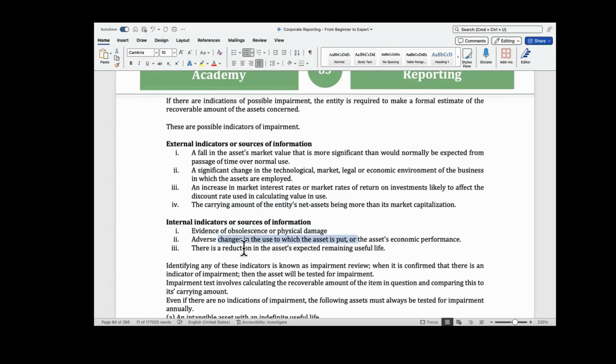Another one is where there is a reduction in the expected useful life of that asset. So these are indicators of impairment. Your exam has asked it severally. They could ask again. Another way they could ask it is that you should identify or do an impairment review. When we say impairment review, what they are asking for is that you should identify indicators that show that there is an impairment of an asset.